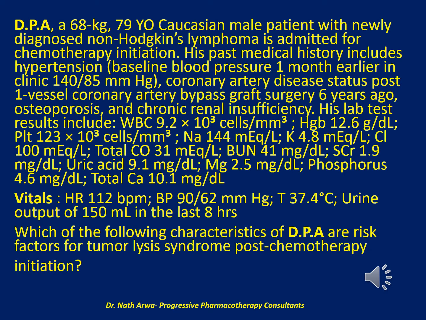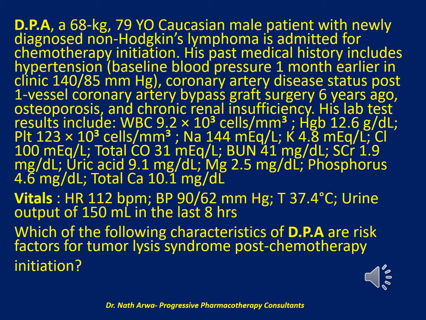a potassium of 4.8 milliequivalents per liter, chloride of 100 milliequivalents per liter, total bicarb of 31 milliequivalents per liter, a BUN of 41 milligrams per deciliter, serum creatinine 1.9 mg per deciliter, uric acid 9.1 mg per deciliter, magnesium of 2.5 mg per deciliter, phosphorus 4.6 mg per deciliter, and a total calcium of 10.1 mg per deciliter.